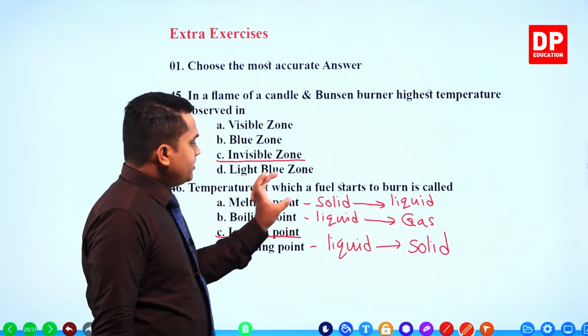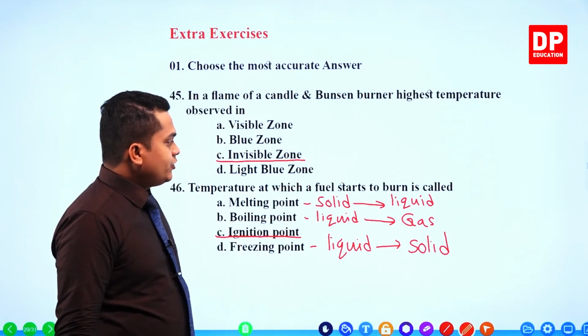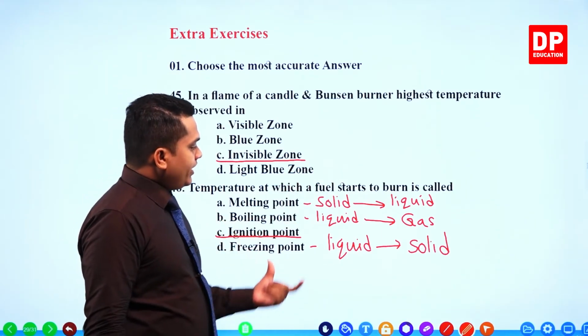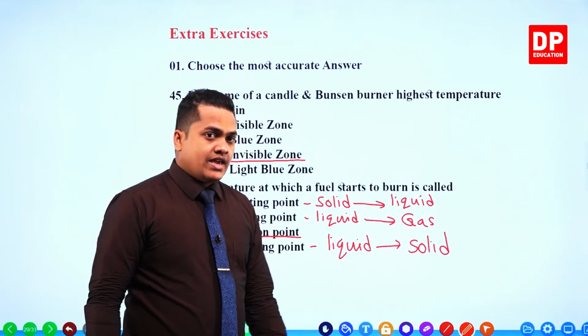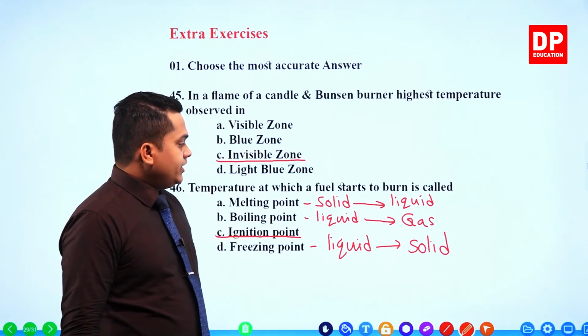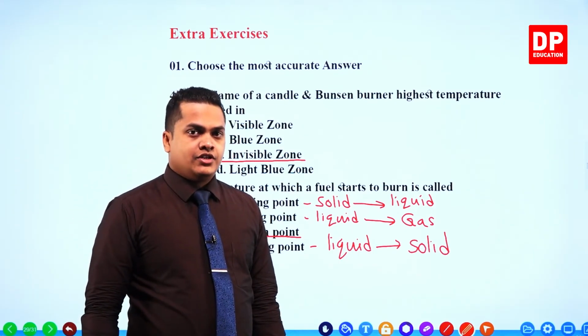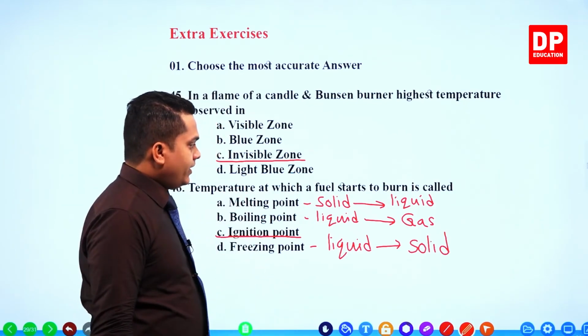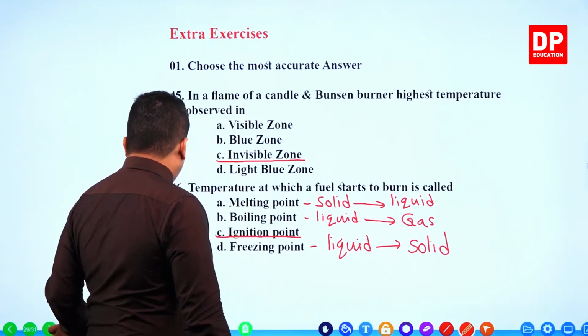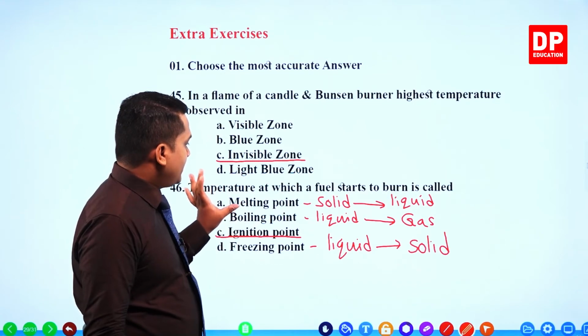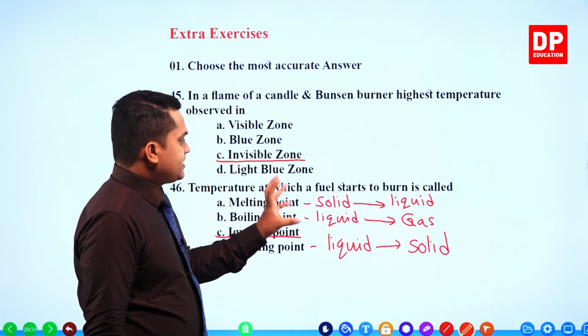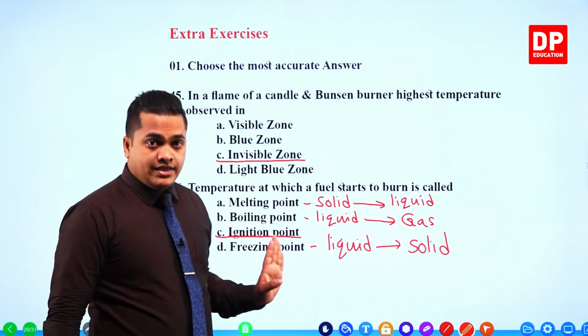At the melting point, solid is getting converted into a liquid. At the boiling point, liquid is getting converted into a gas. And at the freezing point, liquid is getting converted into a solid. So our correct answer for the temperature at which a fuel starts to burn is the ignition point.